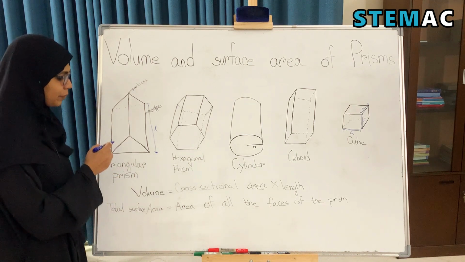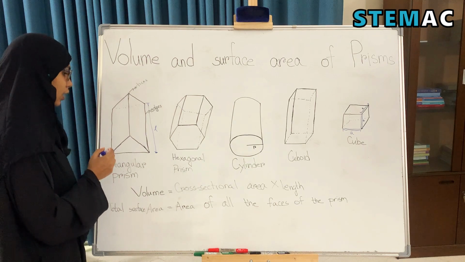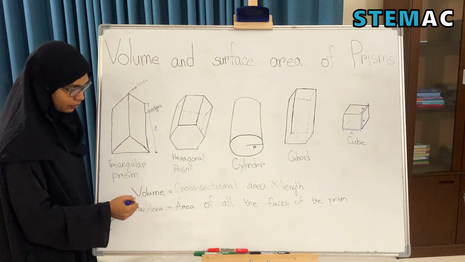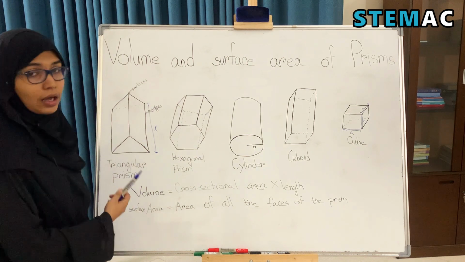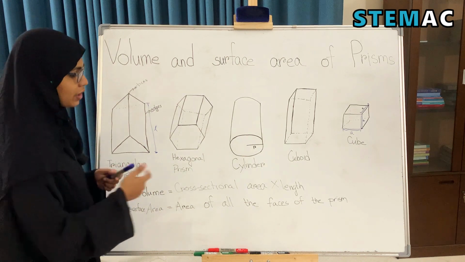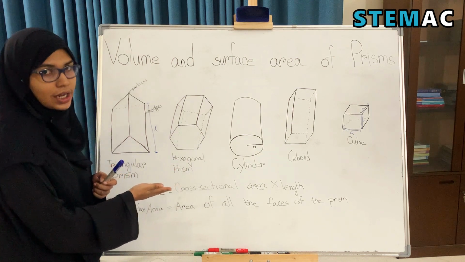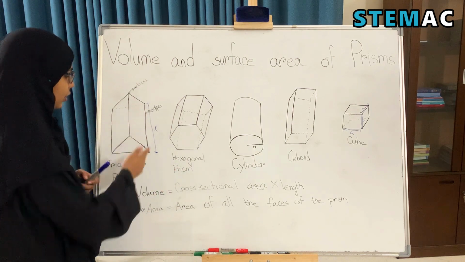For the triangular prism, it can easily be said that the volume of a prism is its cross-sectional area multiplied by the length of the prism.